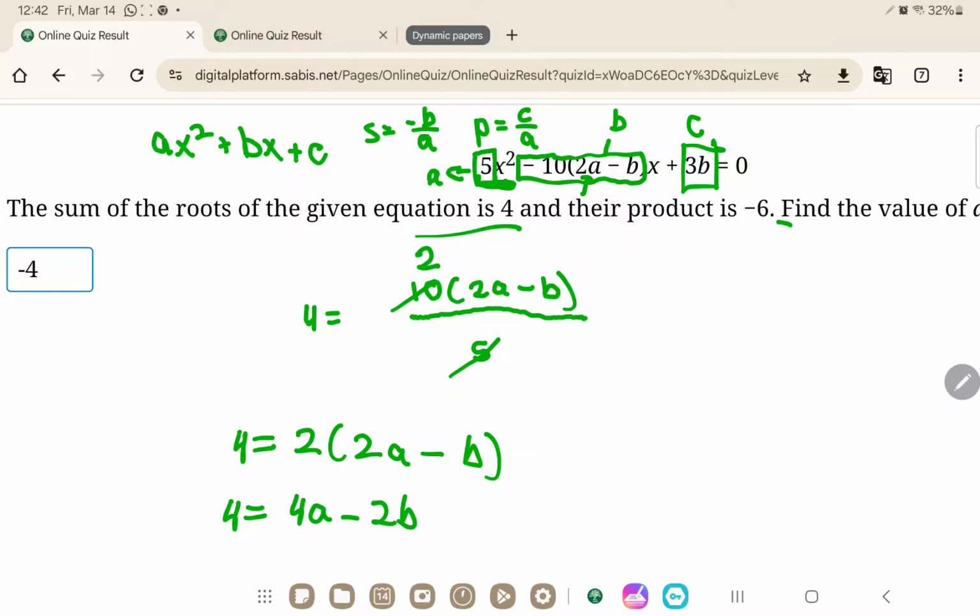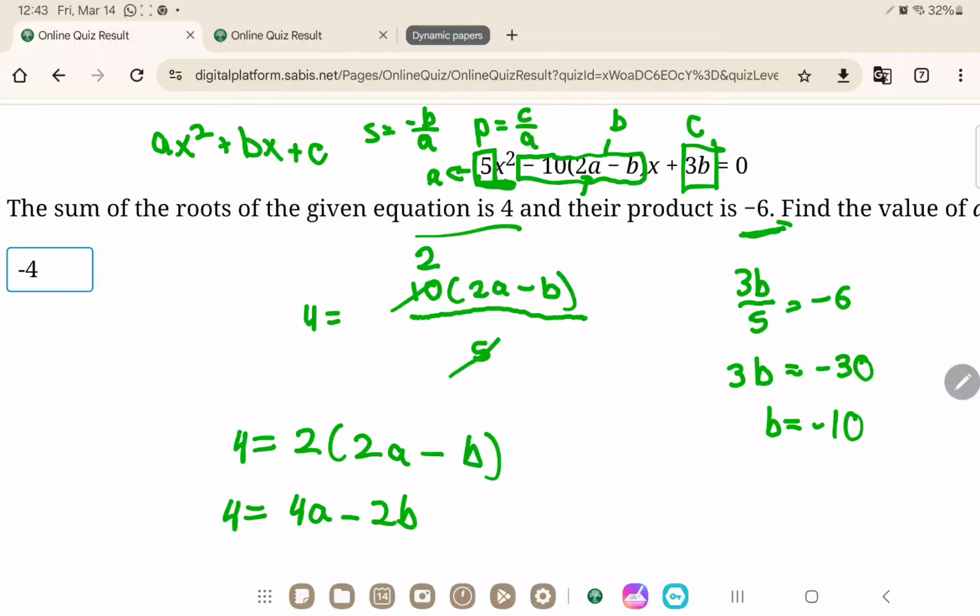We can't really do anything. No, we also have their product. So 3B, which is c, over a, which is 5, equals negative 6. So 3B equals negative 30. So B equals negative 10.